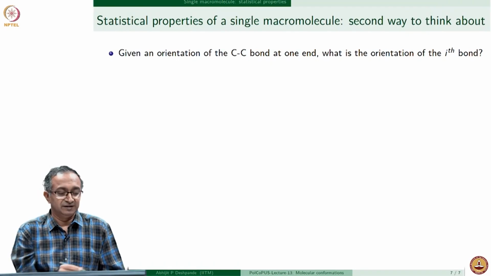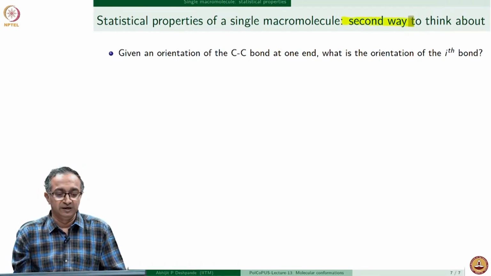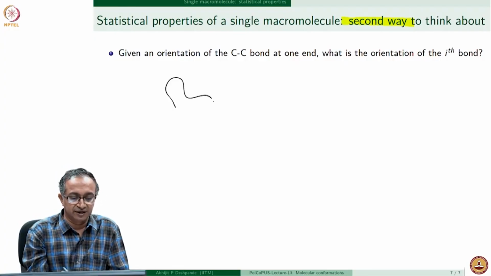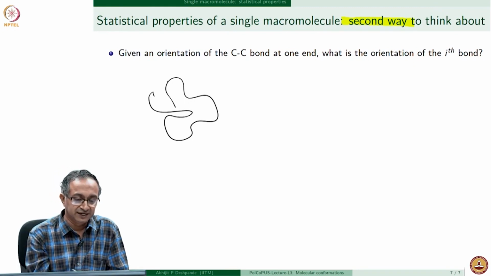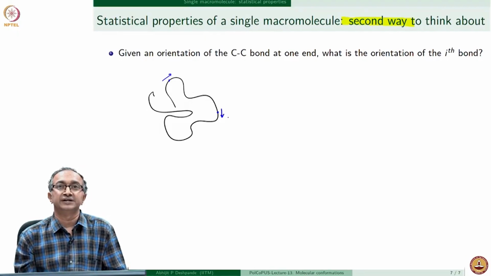Now the second way we can think of the property of a single macromolecule is in terms of orientation correlation. What we are seeking here is, if I draw a random conformation of a macromolecule, and I take any 2 points on it, let's say this point and this point, the question I am asking is, how are the orientations related to each other?